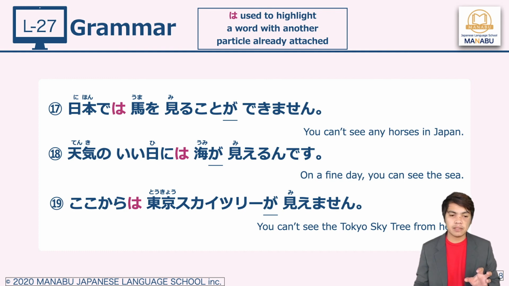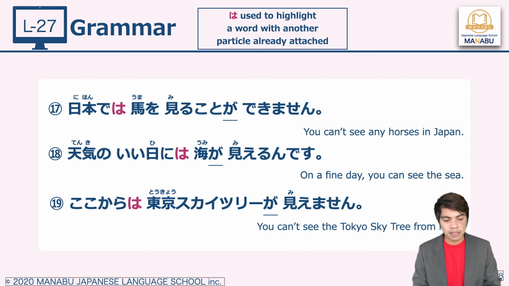Particle ni because the tenki no ii hi is used as time. Now to focus on this time, we will attach the particle wa. On a fine day, umi ga miirun desu. The sea can be seen, or you can see the sea on a fine day.